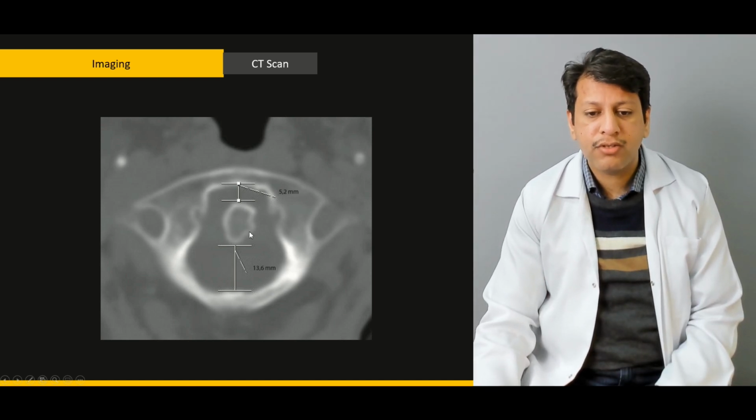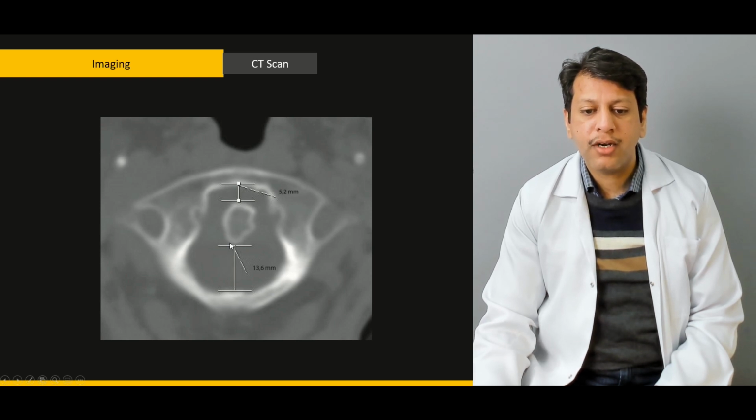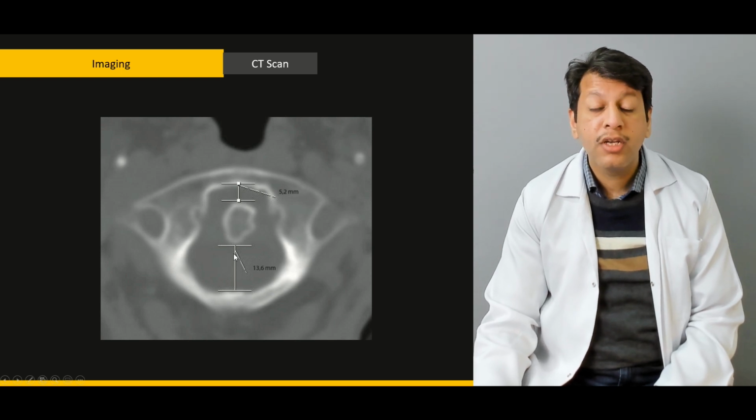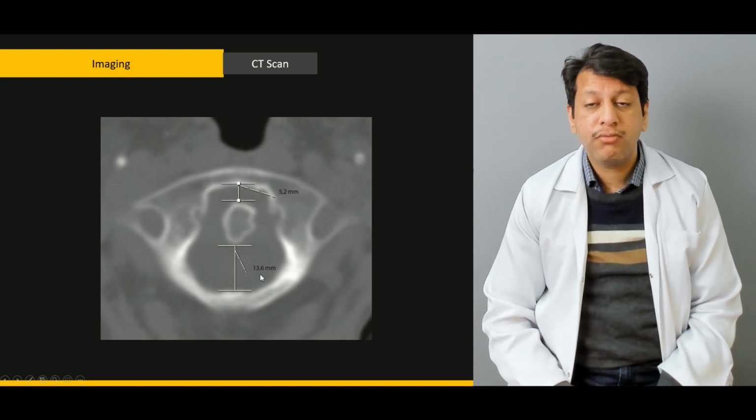This is the dens of the C2, this is the arch of the C1. If you can calculate it over here, this is the atlanto-dens interval of another patient, which is about 5.2, and this is 13.6, that is the posterior atlanto-dens interval. This is the space available for the spinal cord. So it should be more than 14 to 17 mm.